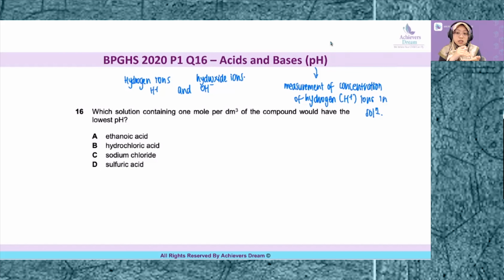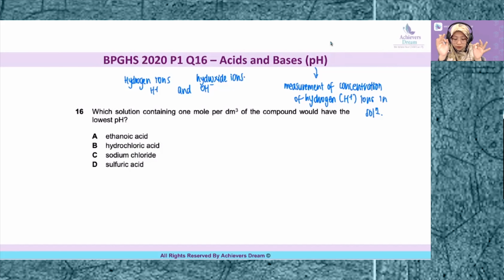An acidic solution has a higher concentration of hydrogen ions over hydroxide ions. In an alkaline solution, the concentration of hydroxide ions is higher than that of hydrogen ions. But both are still present in the solution.